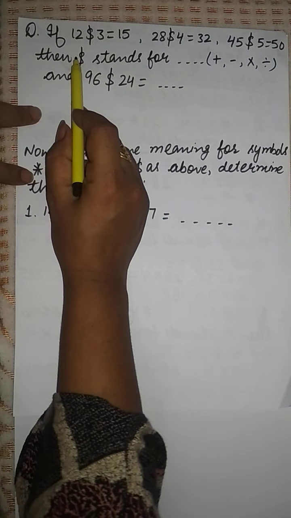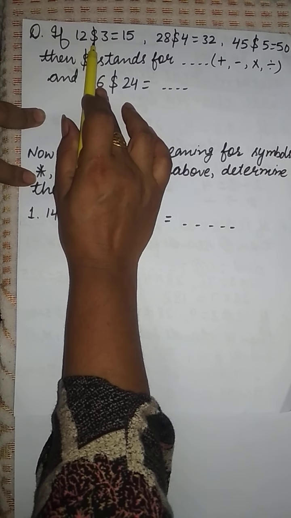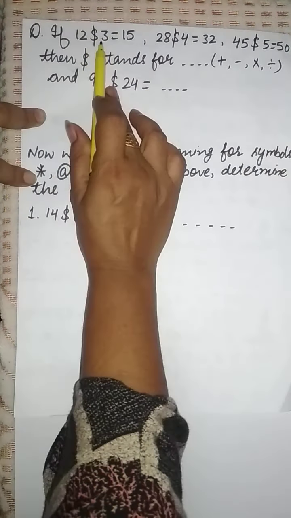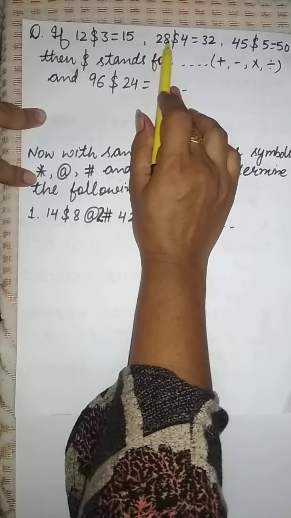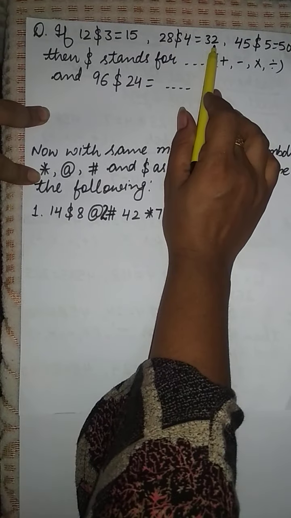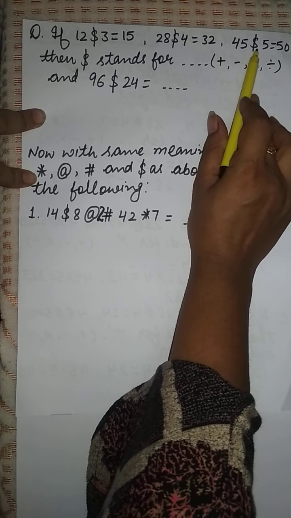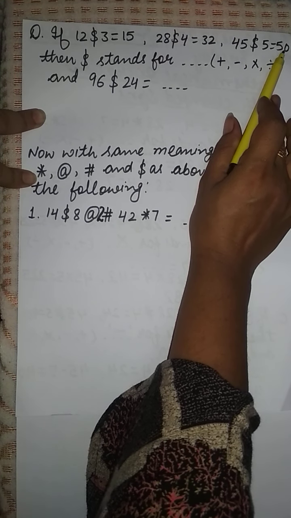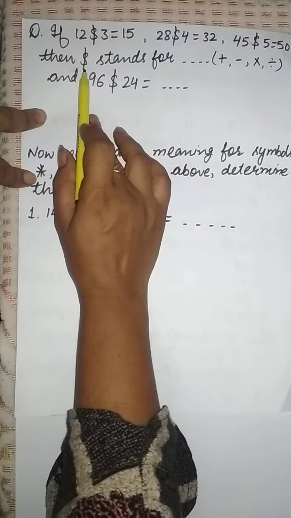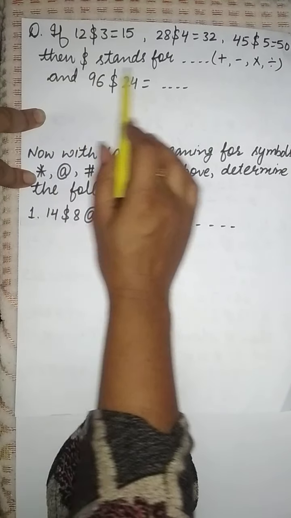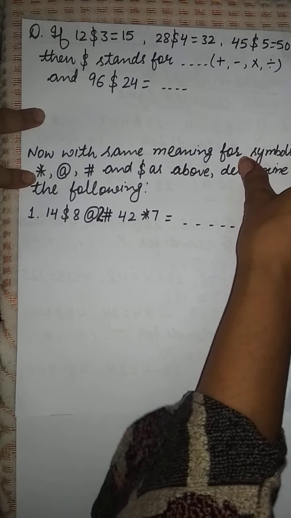Next part is again, if 12 dollar 3 is equal to 15, 28 dollar 4 is equal to 32, 45 dollar 5 is equal to 50, and we have to find out the representation of this symbol. This symbol indicates what mathematical operation?